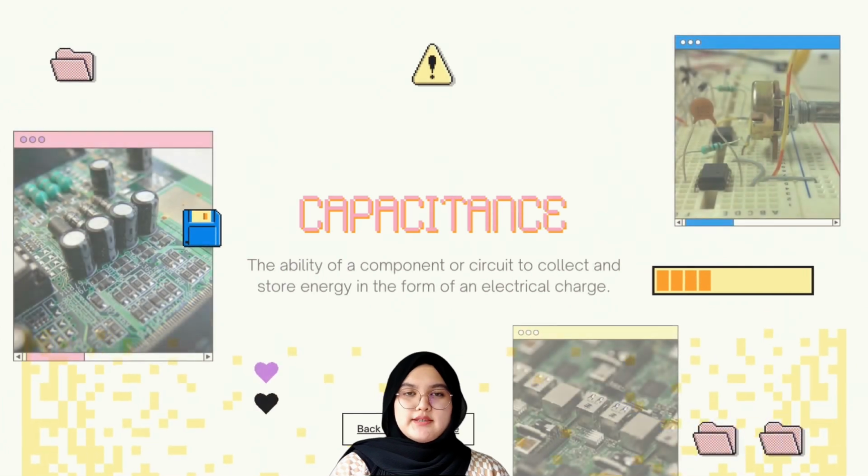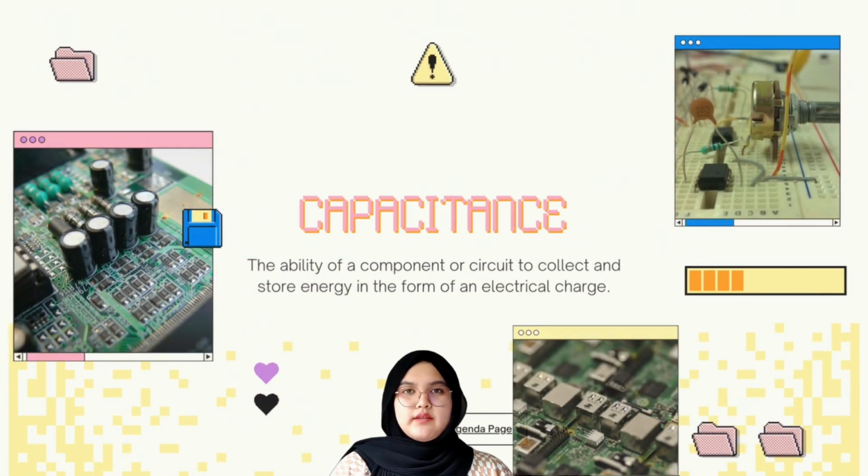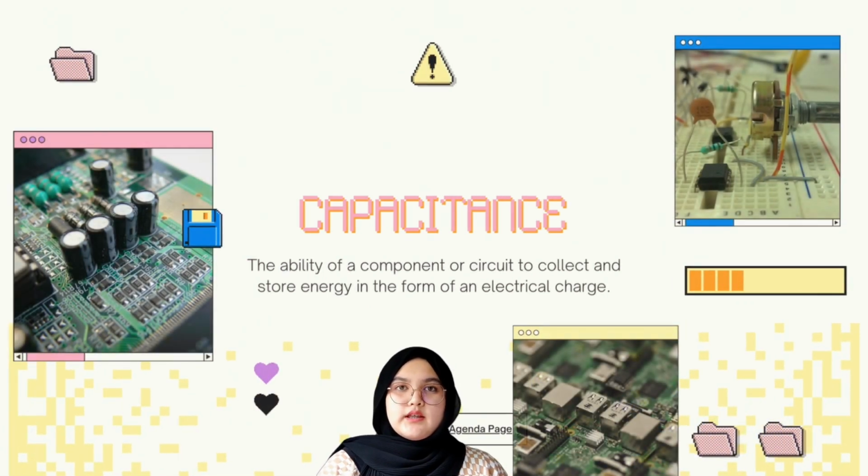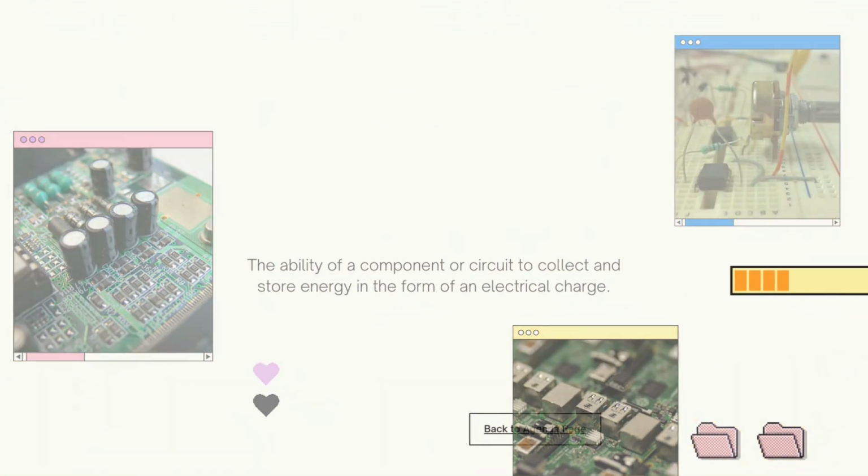Moving on to capacitance. Capacitance can be defined as the ability of a component or a circuit to collect and store energy in the form of an electric charge. Meaning that we want to know how good a capacitor is at storing charge.